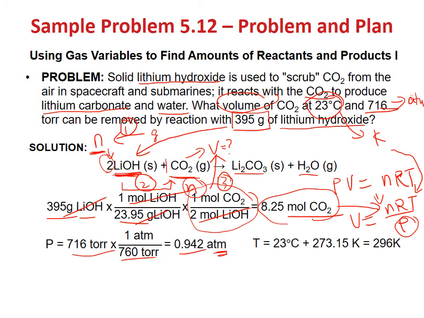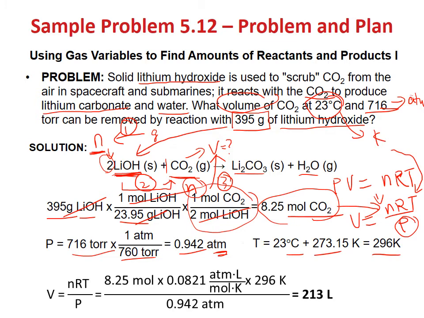And the temperature, 23 degrees Celsius plus 273.15, gives you 296 Kelvin. Now plug in all the data: number of moles just calculated, R constant, temperature, pressure, and that gives you the answer, 213 liters.